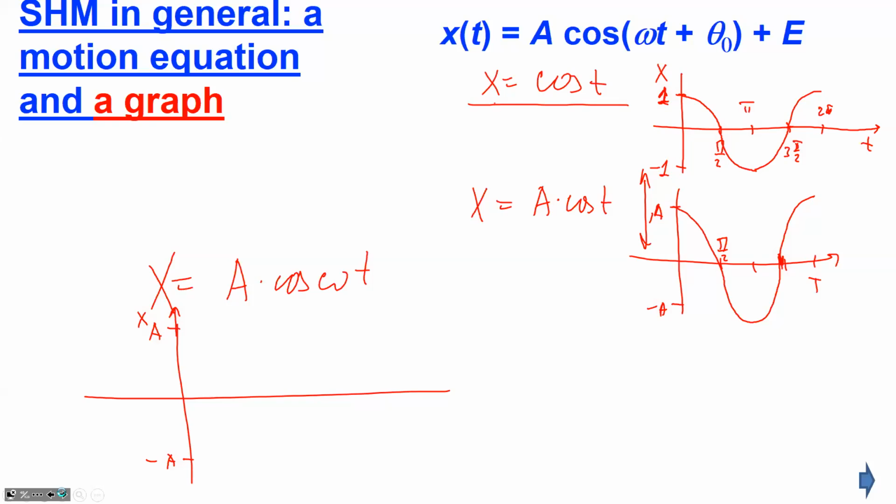So it might shrink or extend the graph horizontally along the time axis. So if we have a shorter period, it reaches the equilibrium faster, higher frequency. This is the situation for 1 period for an angular frequency greater than 1. This is a new period.